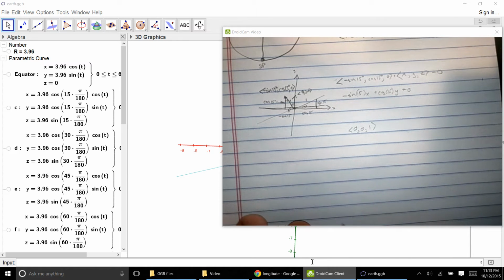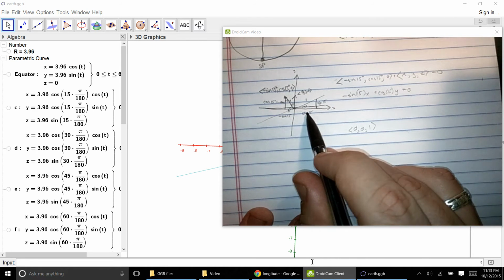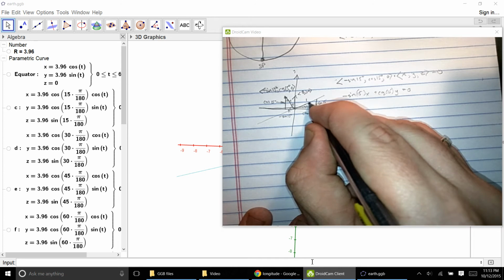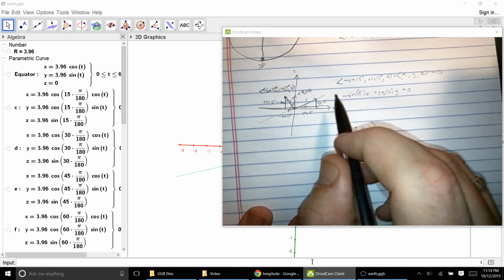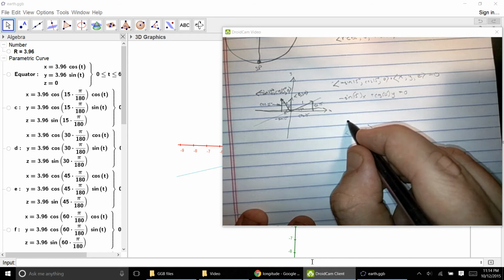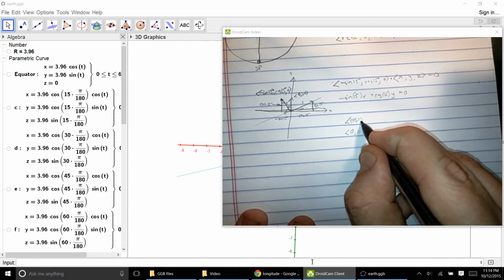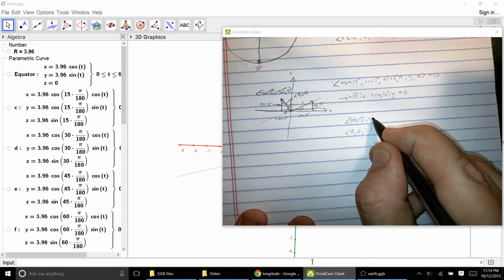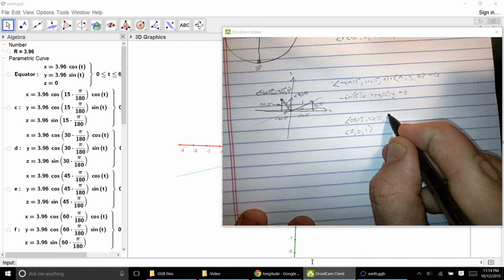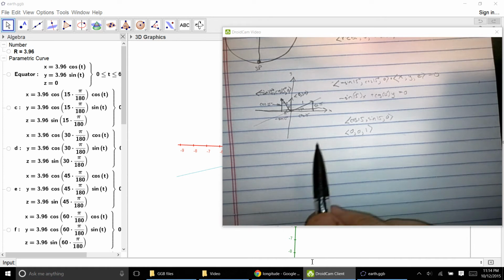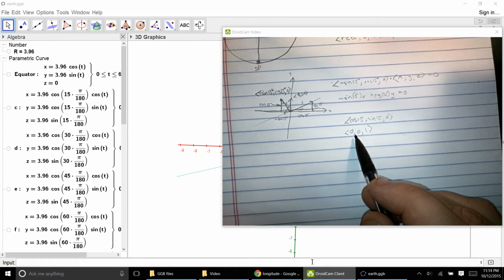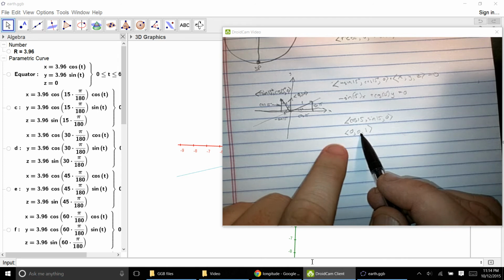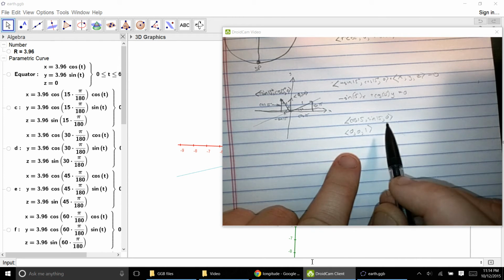So that unit vector here has to be cosine 15, sine 15, 0. Those are going to be at right angles to each other because this is perpendicular to the xy plane, and this is in the xy plane.